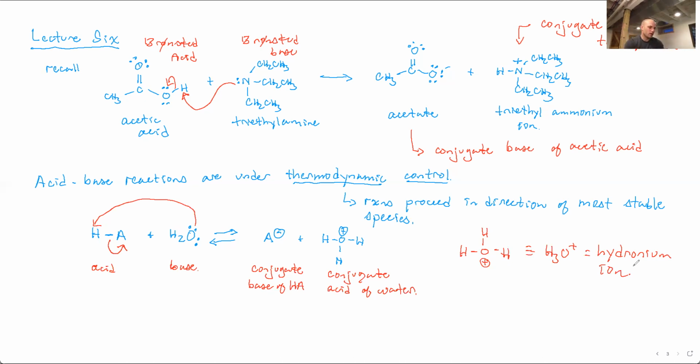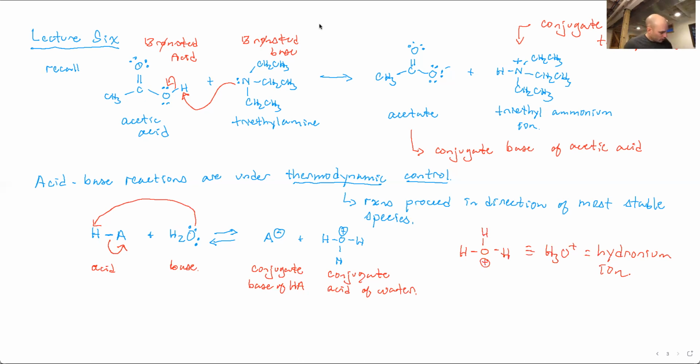Okay, and so one of the very important things that we want to know as organic chemists is how far this reaction proceeds or does not proceed. And so what we can do is define an equilibrium constant for this reaction.